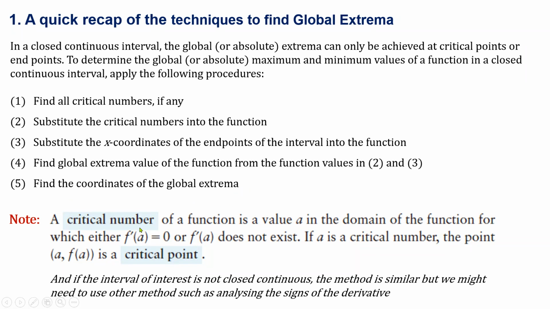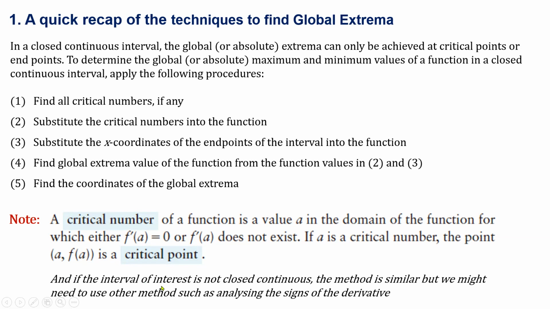Also note that a critical number of a function is a value a in the domain of the function for which either the first derivative at a equals 0 or the first derivative at a does not exist. If a is a critical number, the point (a, f(a)) is called a critical point. Of course, sometimes f(a) does not exist either, right?